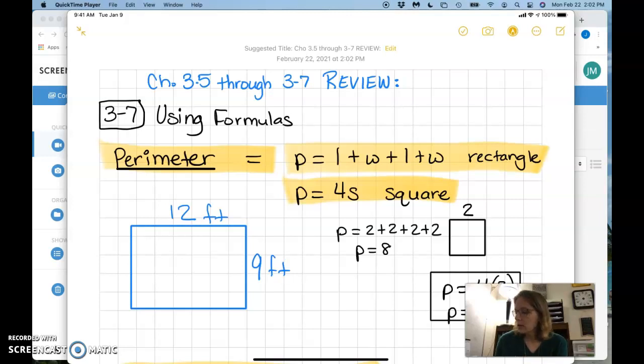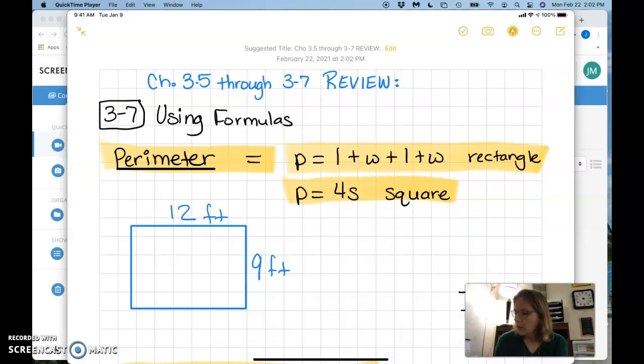Let's look at this next example. And you see that I have a rectangle with 12 feet long and 9 feet wide. One thing that we need to remember is that if the right side of my rectangle is 9 feet, then the left side of my rectangle is also 9 feet.